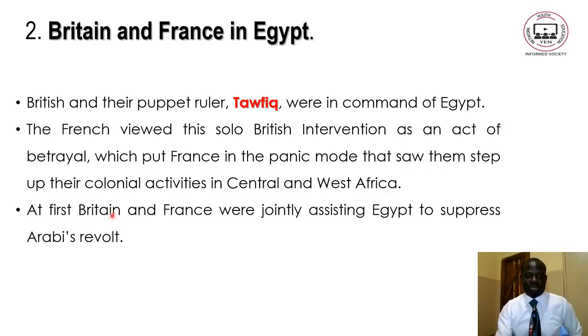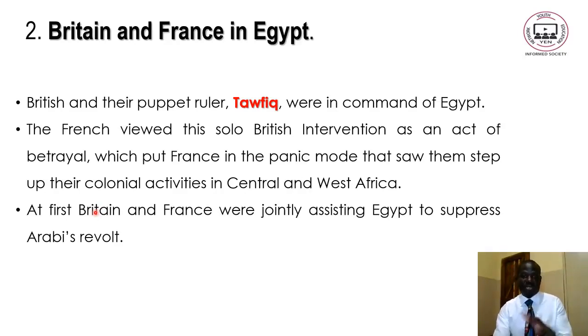At first, Britain and France were jointly assisting Egypt to suppress the Arab revolt. But what happened in Egypt is that Britain monopolized the area, because earlier on it was a joint effort to suppress the Arab revolts.